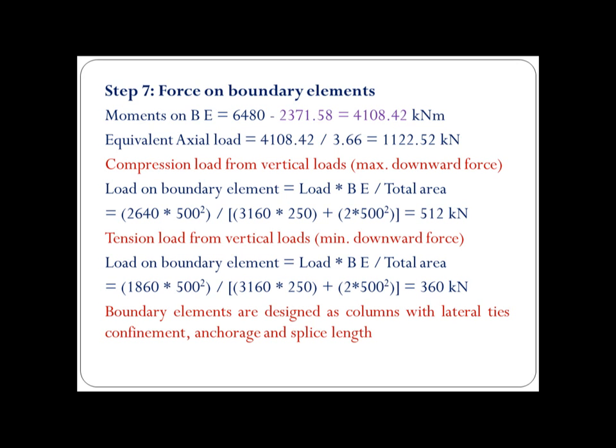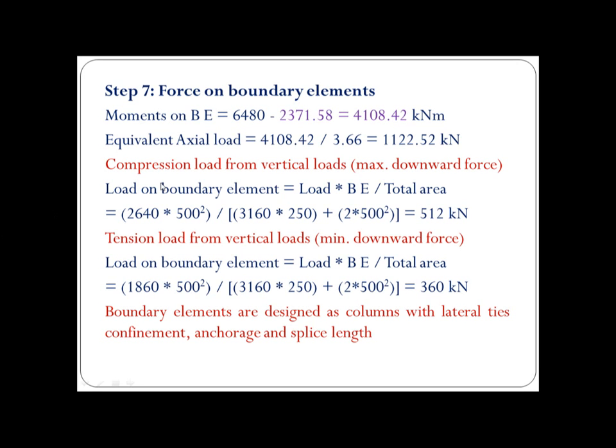So the equivalent axial load on the boundary element comes to 1122.5 kilonewtons. Now this is the load coming from moment, and apart from that we have vertical loads. So the total compression load acting on the boundary element, we need to consider the maximum compression, again calculated by the proportion.